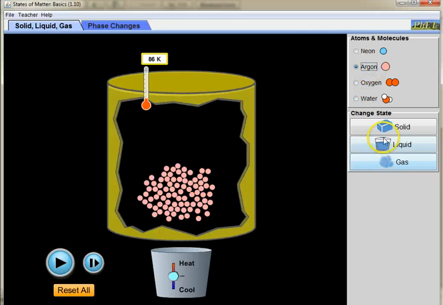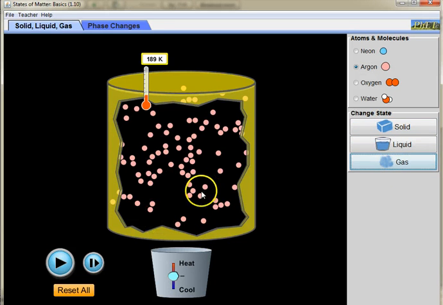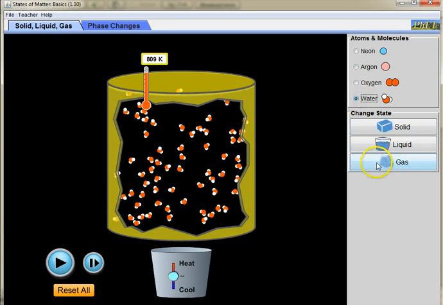Same with argon in gas state, and water in gas state, which is a molecular gas. That is the difference between atomic and molecular. It doesn't matter if it's a molecule or atom, the properties of the gas, liquid or solid remain the same.